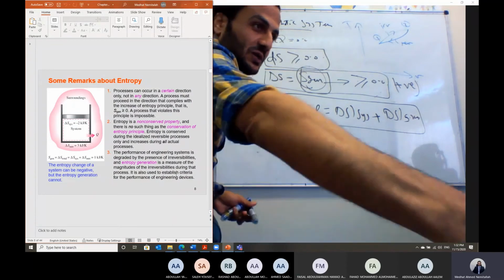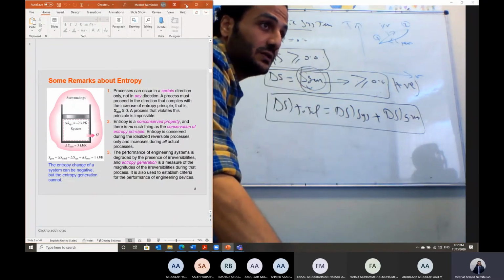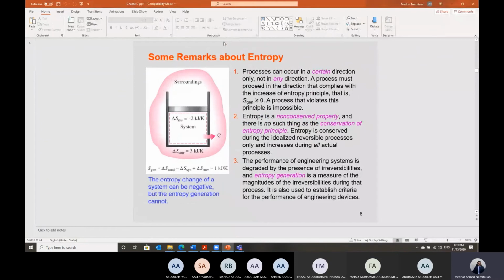But we have here, shabab, some remarks about the concept of entropy. We said any process should proceed in the direction in which the entropy generation is always a positive value, in the direction of the increase of the entropy. Based on the second law of thermodynamics, any process should proceed from the high energy potential to the low energy potential.